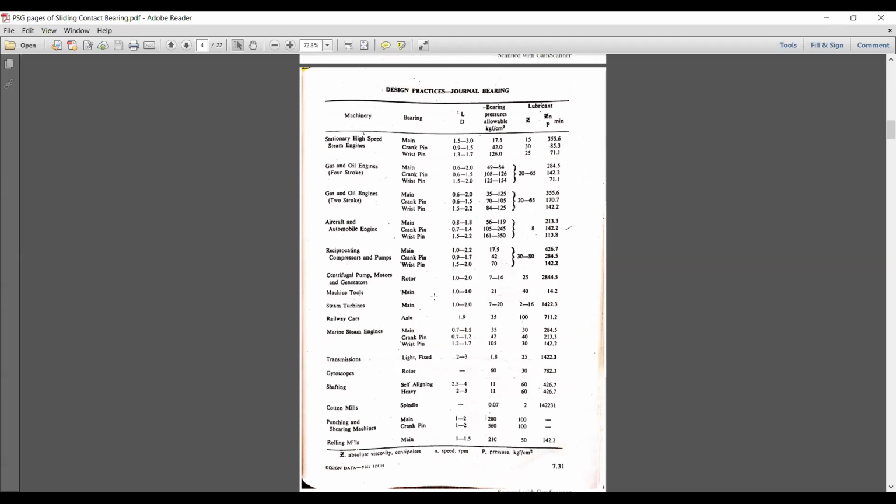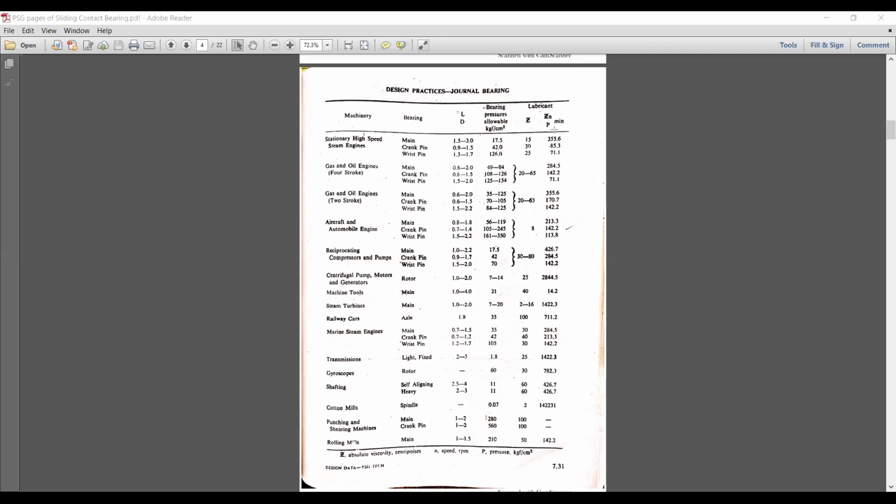Now at this point we have to decide. In this table they have provided application, type of bearing, L by D ratio, bearing pressure values or range, then Z, the absolute viscosity in centipoise, and the Zn by P ratio.